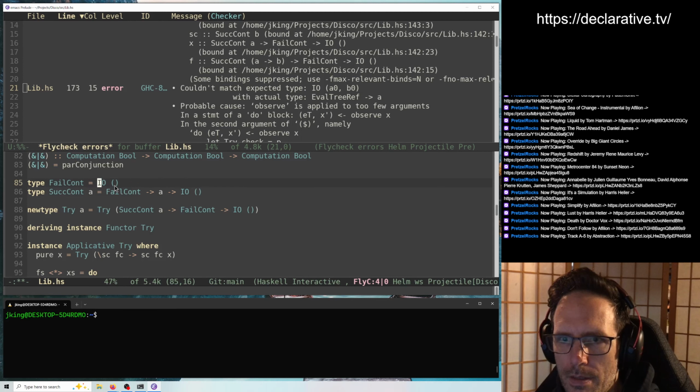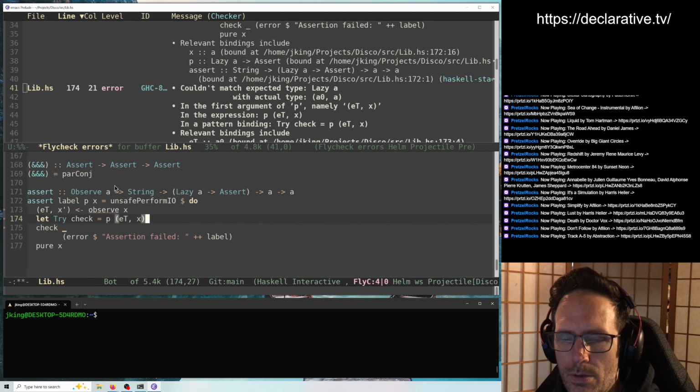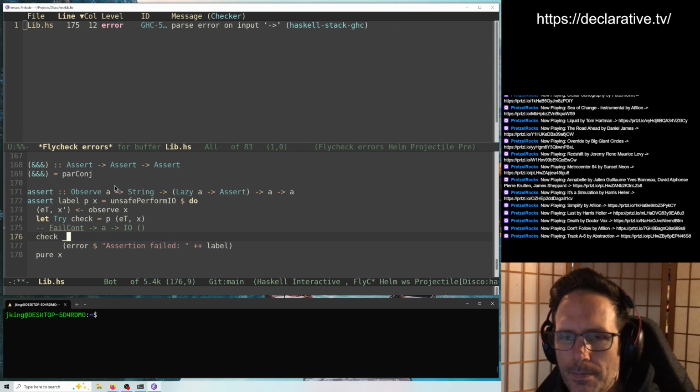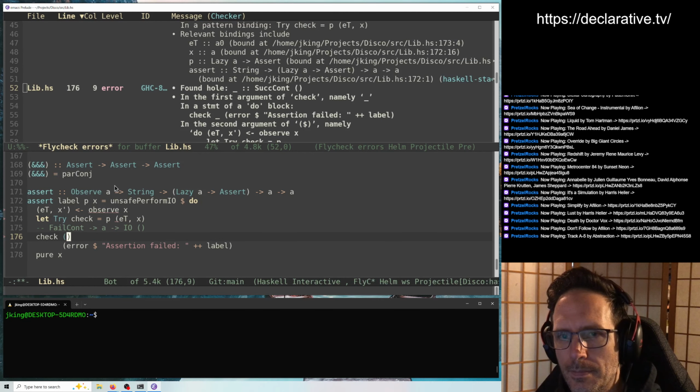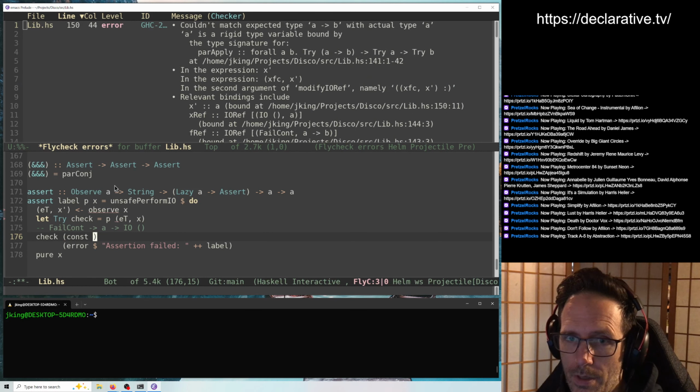Success cont A. Failed continuation sum A and then IO unit. Okay. So it wants something of that shape for this hole. I guess that's what const was in order to ignore the failed continuation.